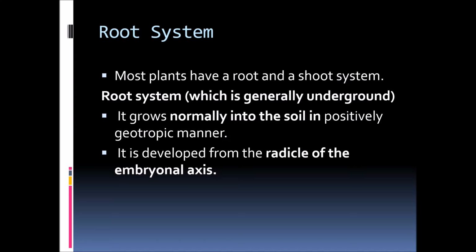It is developed from the radicle of the embryonal axis. So from the embryo, the root arises from the radicle. That is what is mentioned here.